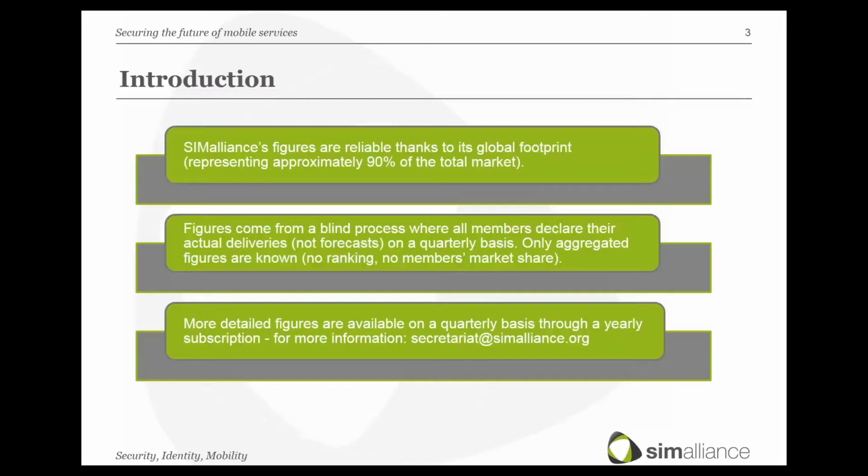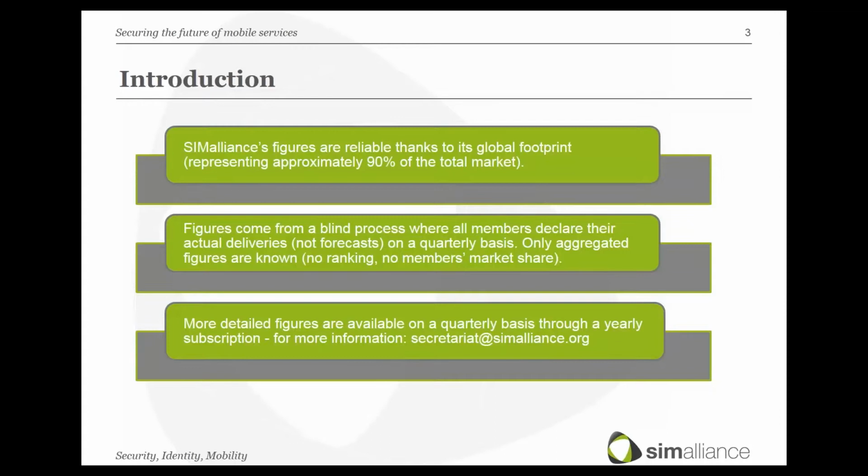To a certain extent we can see product types and variants, but there's a certain limitation that is owed to the antitrust regulation. More detailed numbers, still in line with the antitrust regulations, can be shown to our members that are paying our membership fee when you get into contact with the SimAlliance and you pay this membership fee.